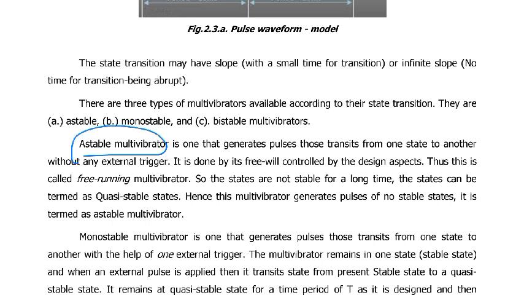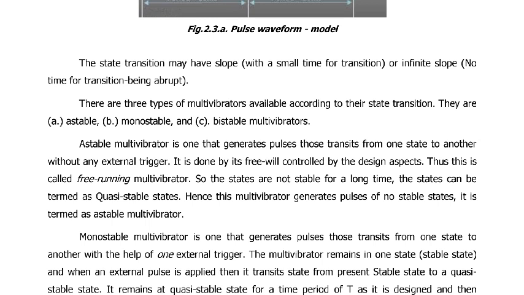An astable multivibrator is one that generates pulses whose transition from one state to another happens without external triggering. In an astable multivibrator, there is no need for external triggering.